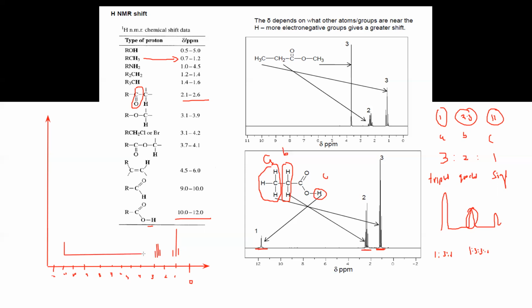So this is the high resolution NMR, nuclear magnetic resonance, for propanoic acid. Is it clear? Is it clear, the NMR for propanoic acid?